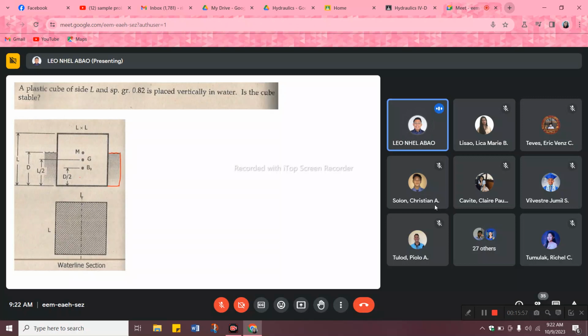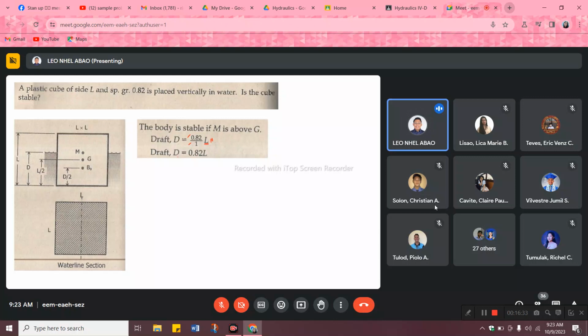So again, how do we know if a body is stable? If M is higher than G, or MBO is greater than GBO. To check, we need the draft, which we got last time: D equals SPGR times the height, in this case L, since L is the given dimension.